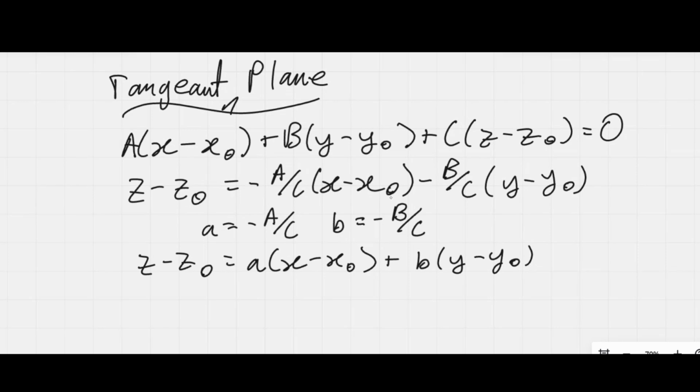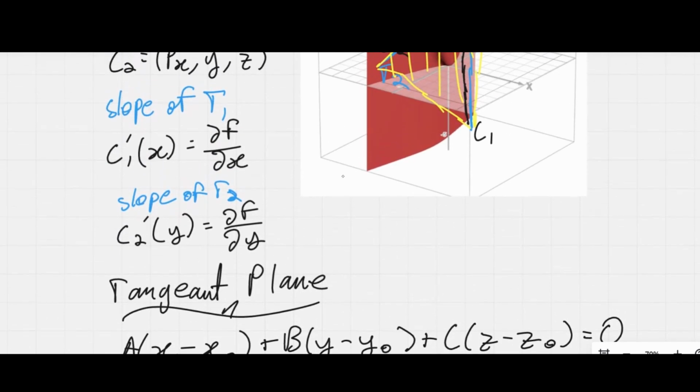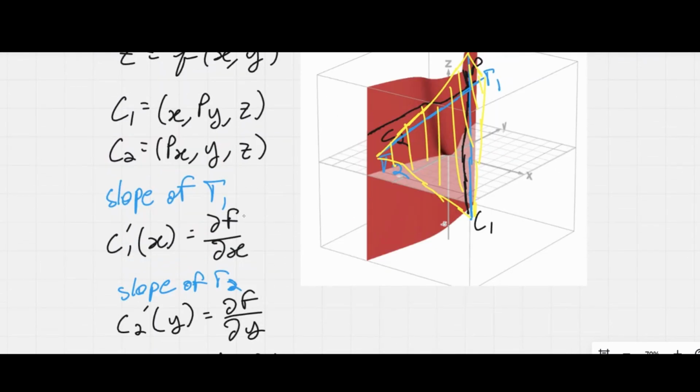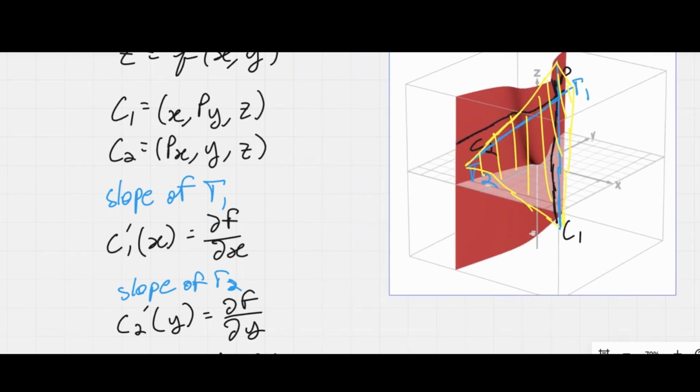We know from above that the slope of t1 is essentially the partial derivative of f with respect to x. We also know that the y-coordinate of t1 is composed of primarily just the y-coordinate of point P. So let me just write that down real quick. Let me move this graph over here actually.